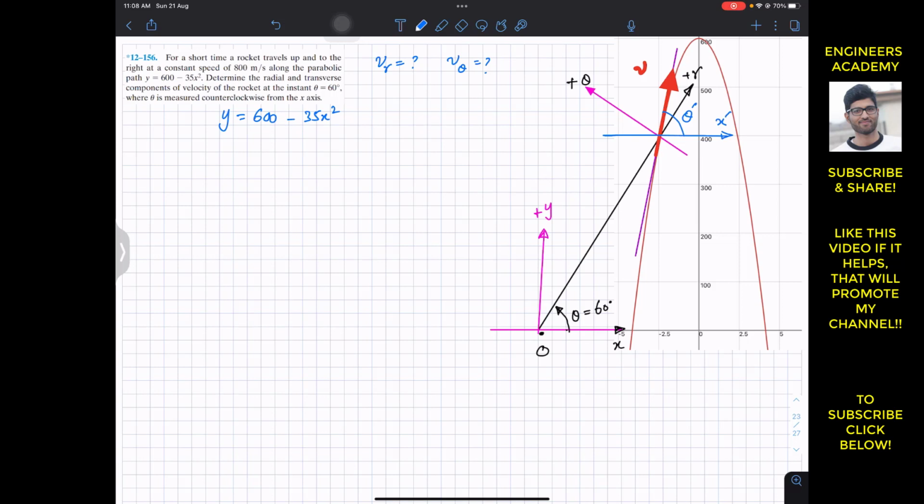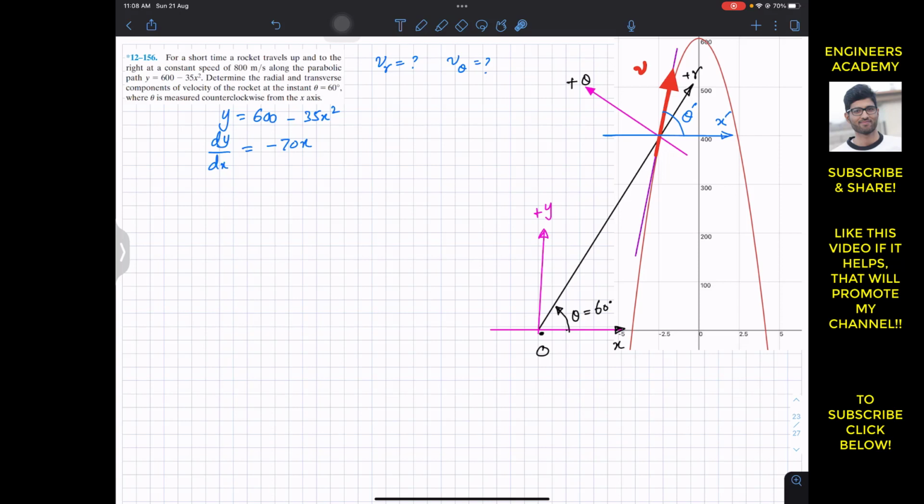So if I take the derivative of y as a function of x with respect to x, this is dy by dx, and this will give us minus 35 into 2, which is 70x. So this is the slope of the tangent at any x value.